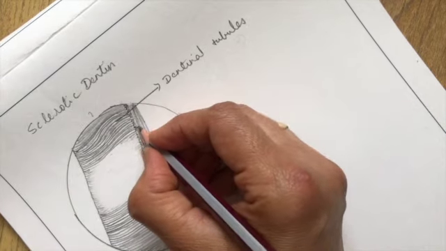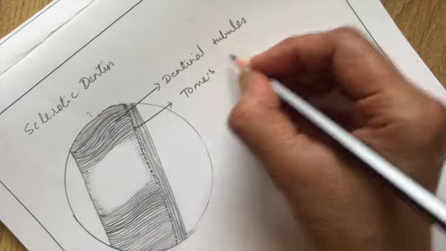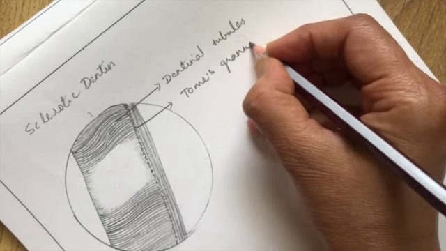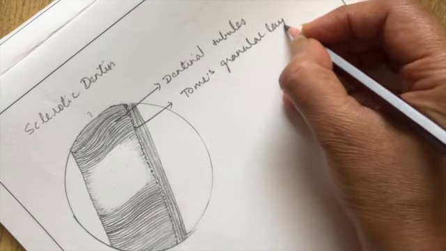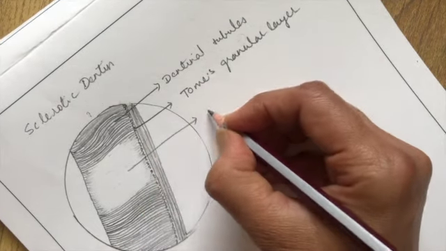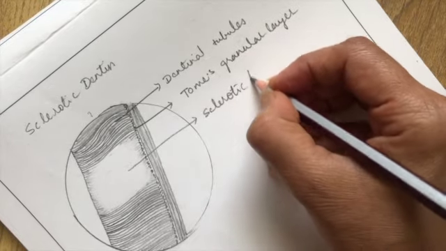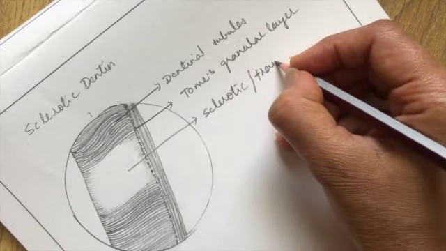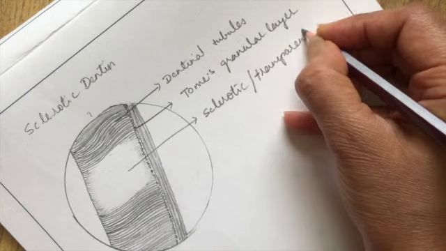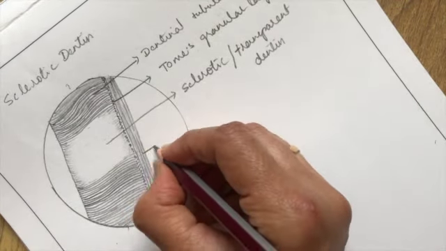This is Tomes granular layer. This is the portion of sclerotic dentin or transparent dentin. This is cementum.